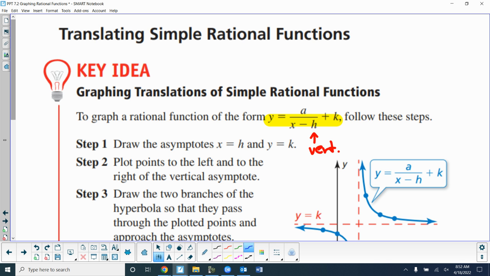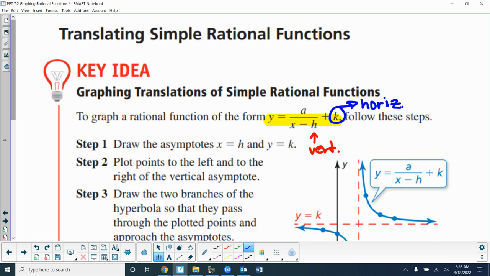And whatever k is, whatever it is, +3, then that's your horizontal asymptote. If it says -3, it's your horizontal asymptote, okay? So they should have made that one the H for horizontal, but they didn't. And they should have made that a V for vertical, right?